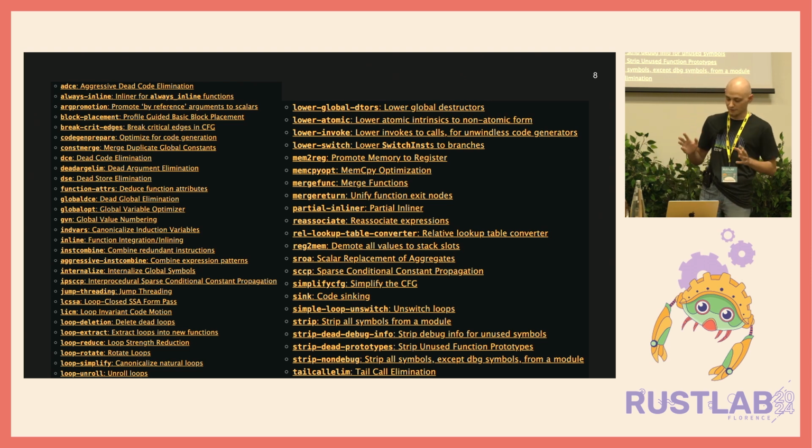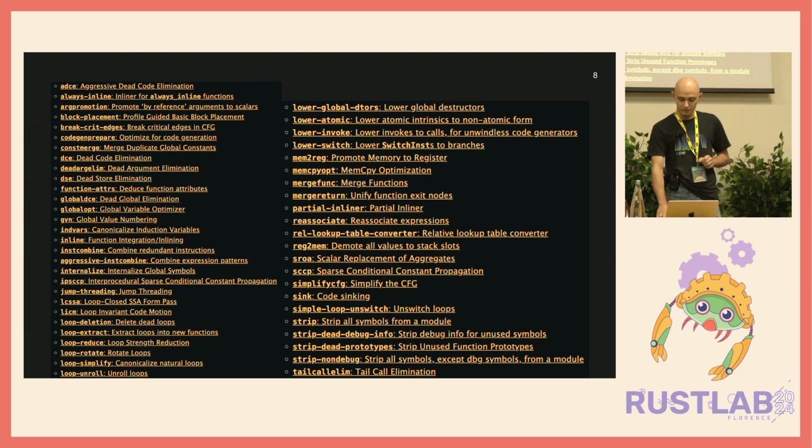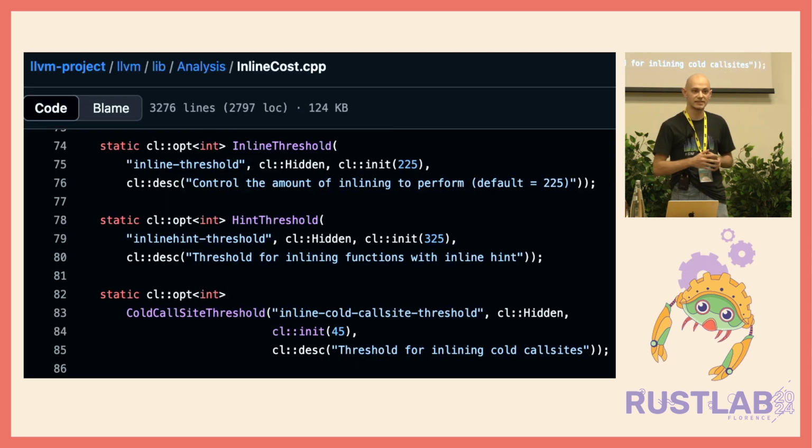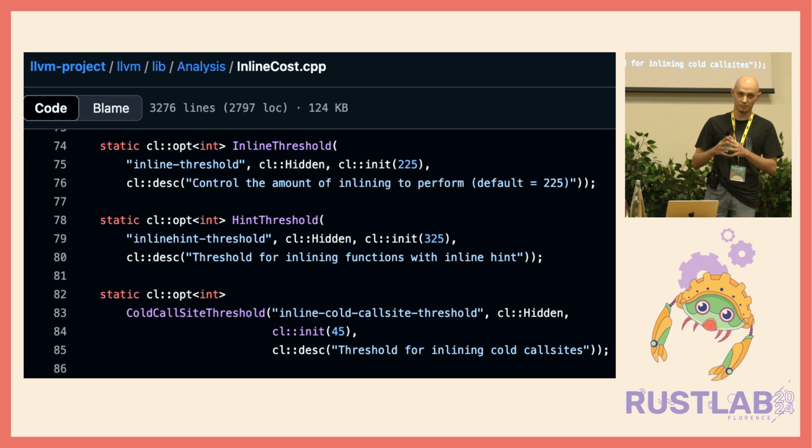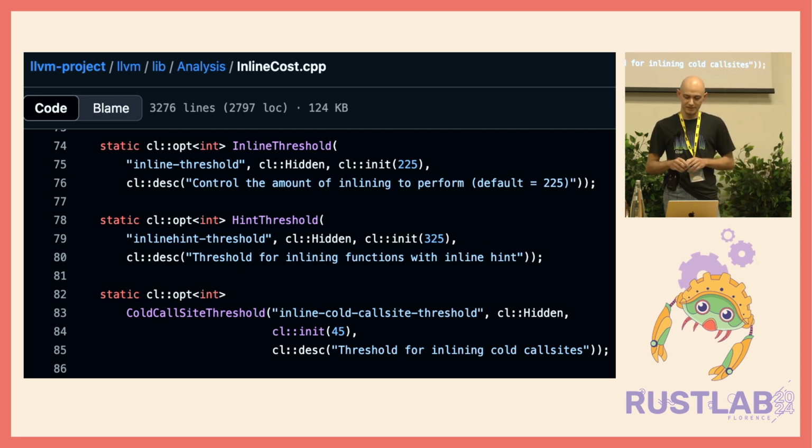A lot of them. And for example, if you look into the inlining stuff, inlining is one of the most important optimizations in the compiler. We see a lot of interesting thresholds inside, like inline threshold, inline hint threshold, and many different things like that. The problem is that these thresholds are not optimal for all programs.